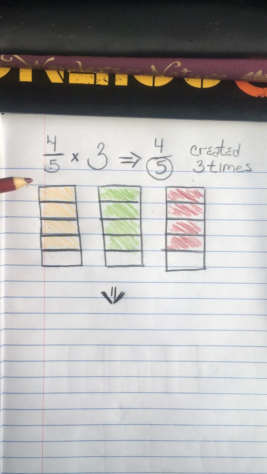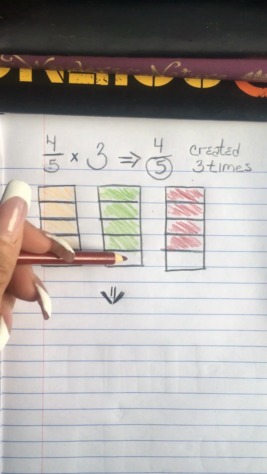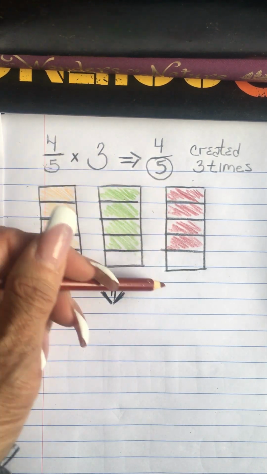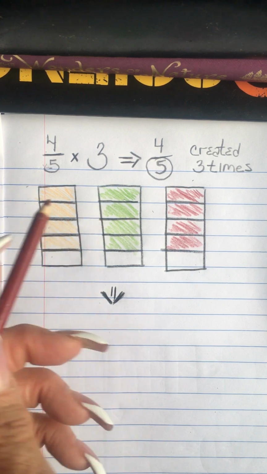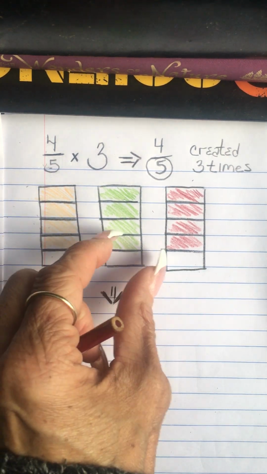So now I've got 4 shaded out of 5 boxes in each one. So I've taken that 3 times.